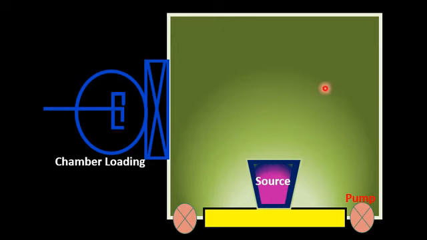Okay, so after introducing the source material, the vacuum is created. So this is introduced from the outside, whereas the other chamber loaded materials are also introduced from outside, but they are present during the reaction, and they are inside the chamber loaded setup.